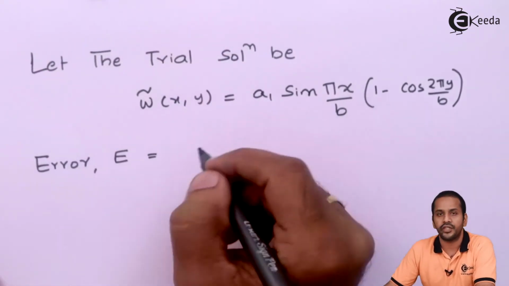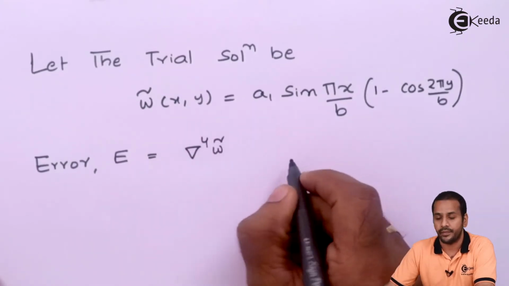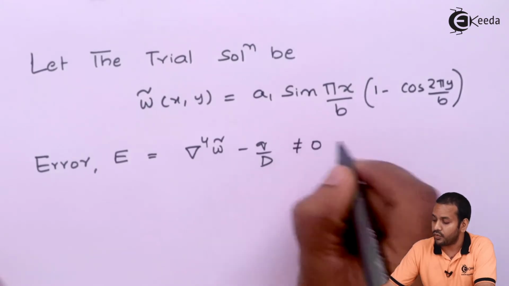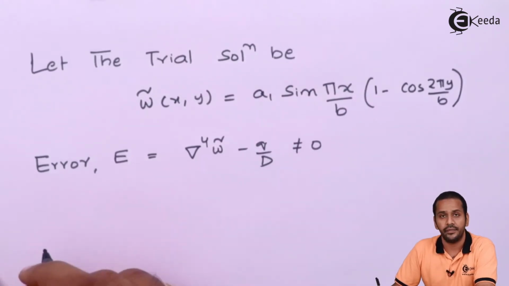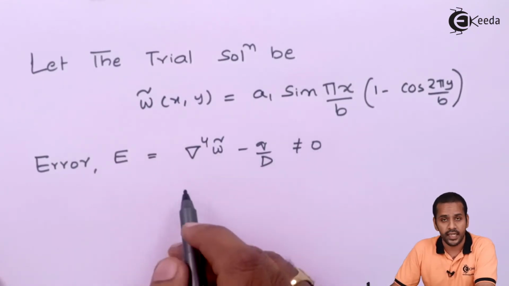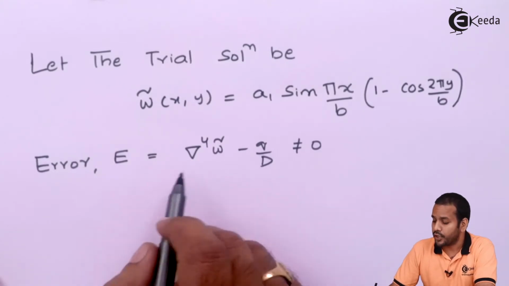Okay, so just substitute this one in our governing equation. That is del power 4 W tilde minus q by D is not equal to 0. That is nothing but our error. Upon substituting, we simplified this in the last class. You can refer to that in the previous lecture, so I'm not going to do it again.